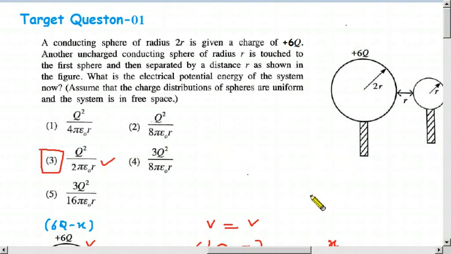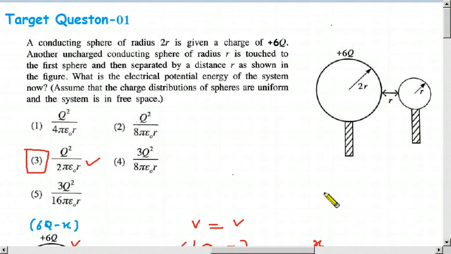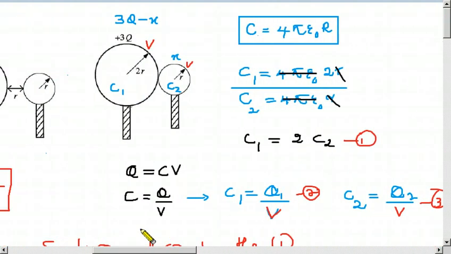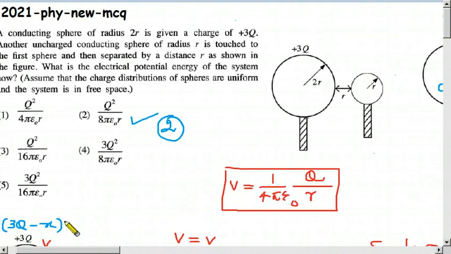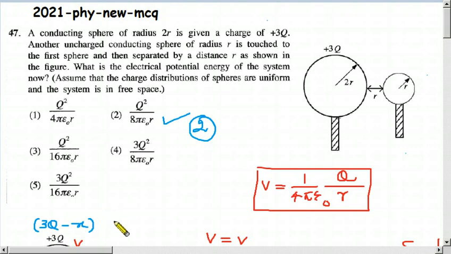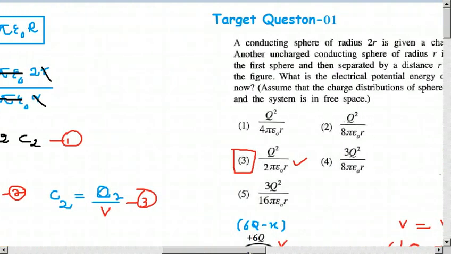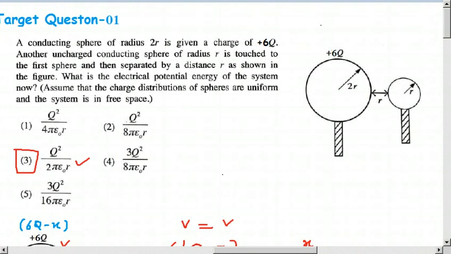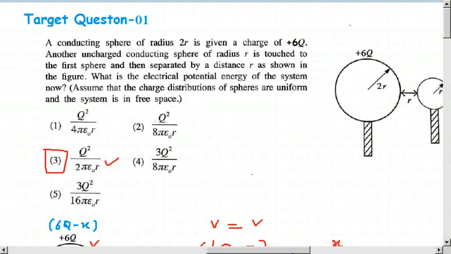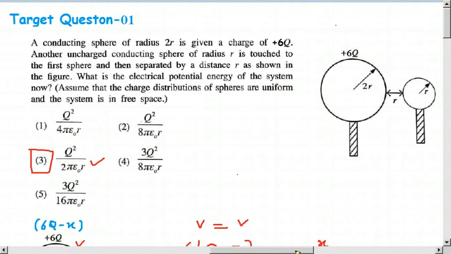What happened to your answer? Is it correct? If it is correct, you are genius. If it is wrong, you have to follow this method again from the beginning and start doing the first target question again, because you were not able to keep the method in your head, that is due to lack of experience.